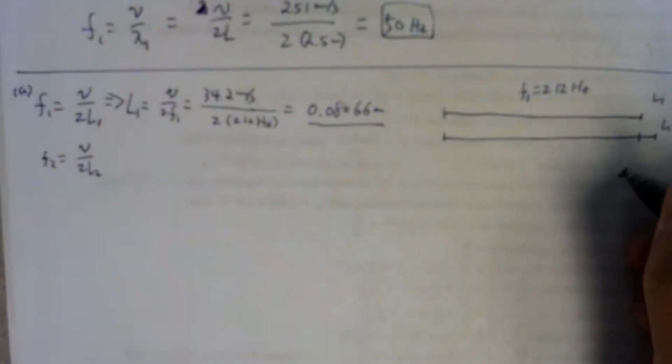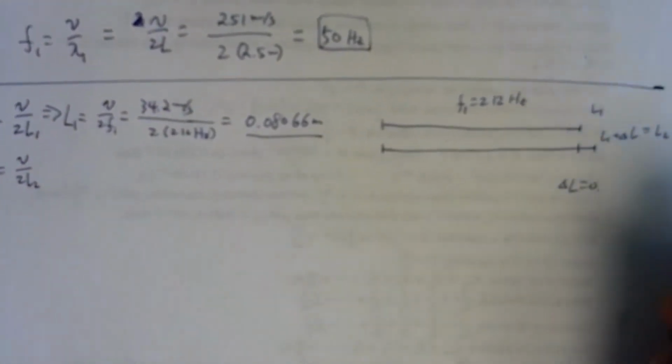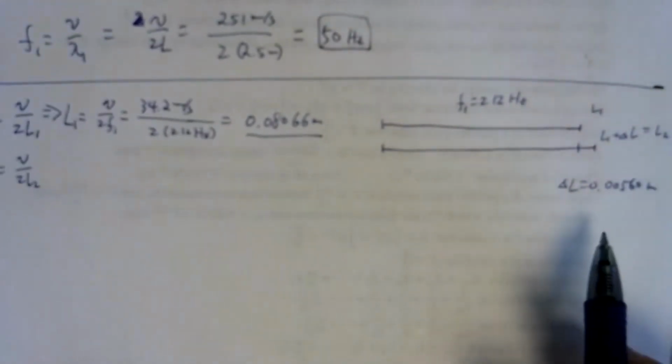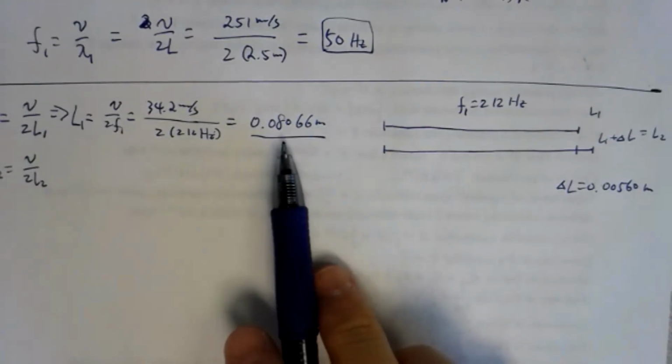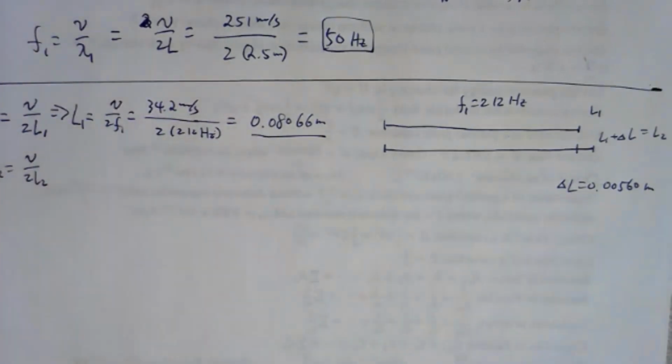Because delta L is 0.560 centimeter, that means it's 0.00560 meters. I'm keeping these extra decimal places here because this one has a lot of decimal places, to match up with it.